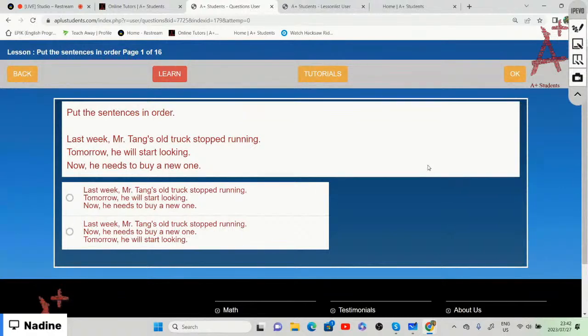Let's start with last week. Let's choose. It says, last week Mr. Tang's old truck stopped running. Tomorrow he will start looking. Now he needs to buy a new one.